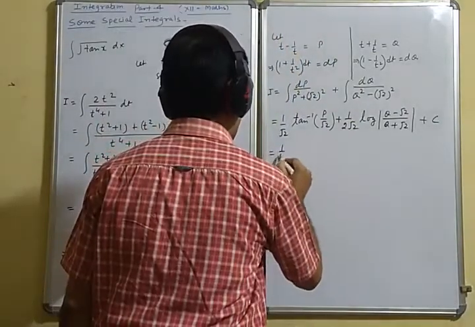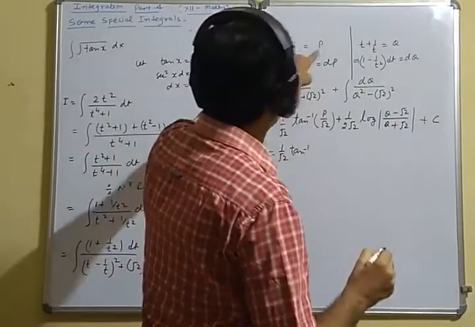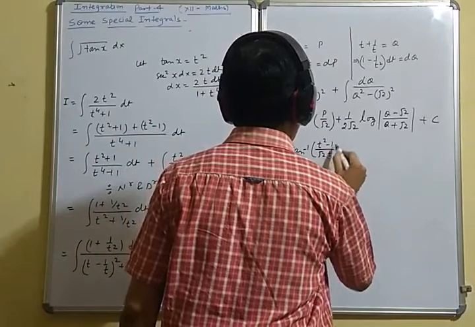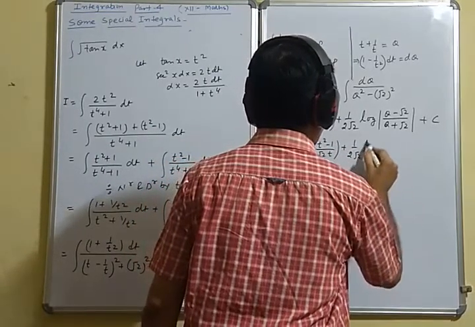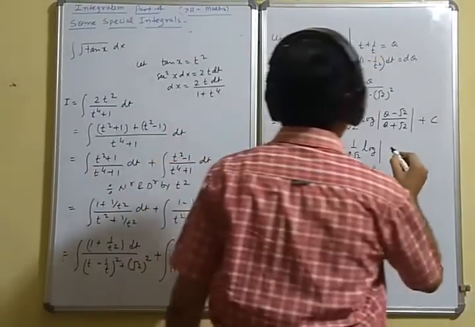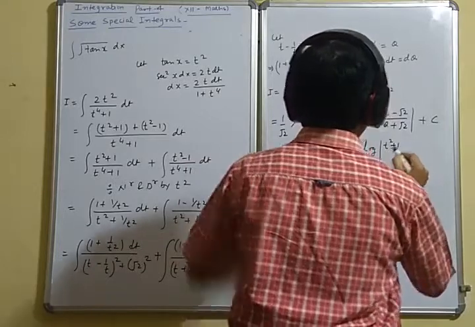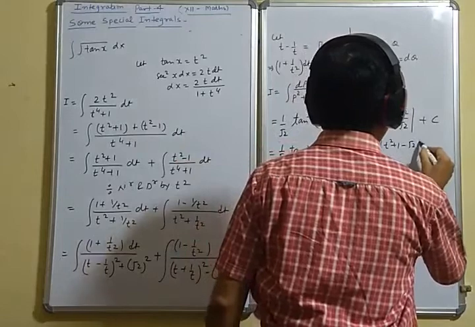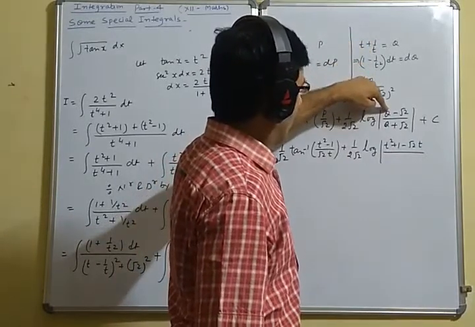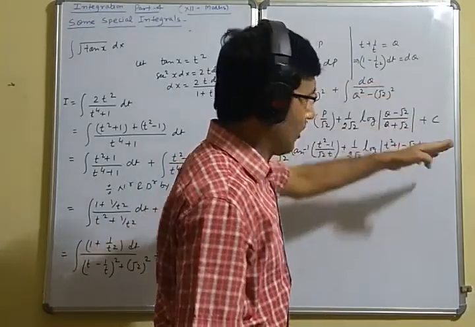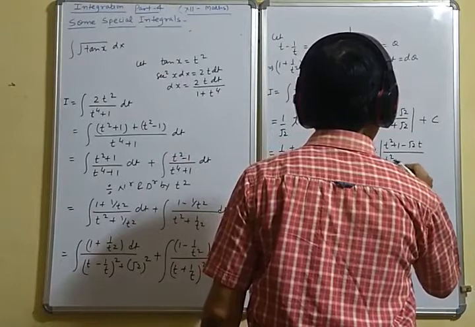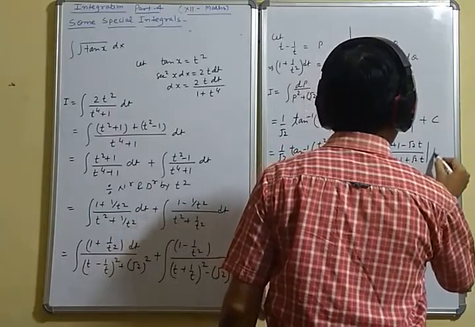So it becomes 1 upon root 2 tan inverse p, where p is t square minus 1 upon t, that is t square minus 1 upon root 2 t, plus 1 upon 2 root 2 log of q, where q is t square plus 1 upon t, plus root 2 t... cross multiply, so it becomes t square plus 1 minus root 2 t, divided by t square plus 1 plus root 2 t, since the t in the numerator and denominator cancel out, plus c.